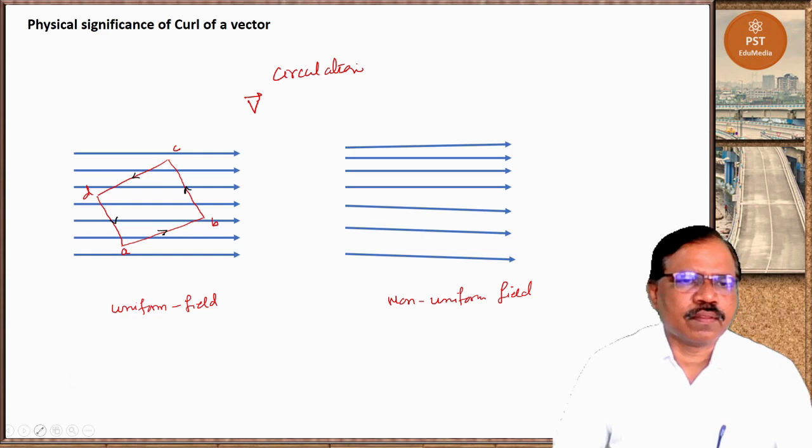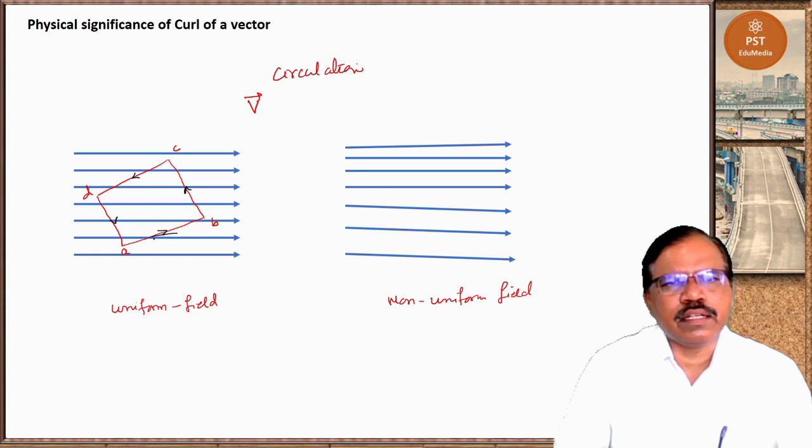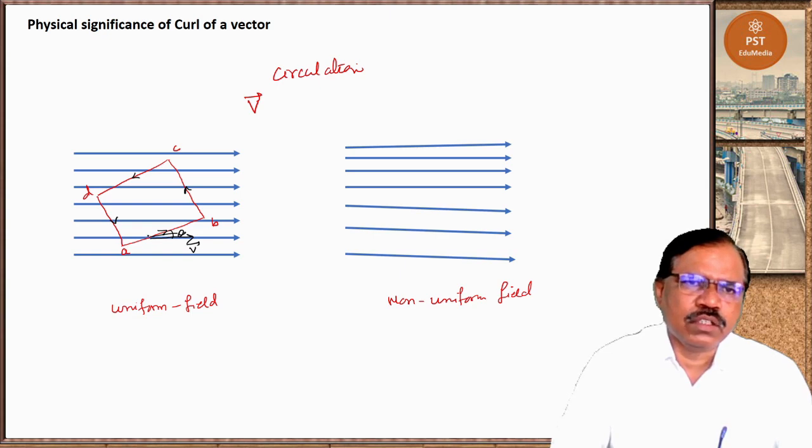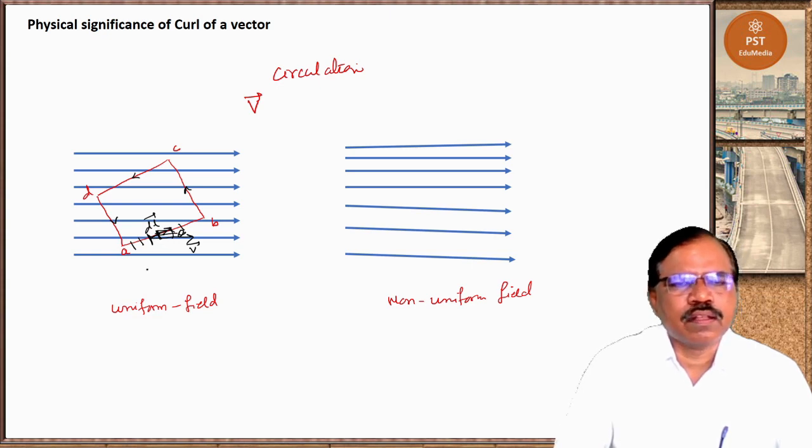So here this is the direction of the vector field, and we take theta. It is the angle between. So suppose this path is divided into small length elements. So this is the length element dl. This is along the path, and this one is the direction of the vector field.